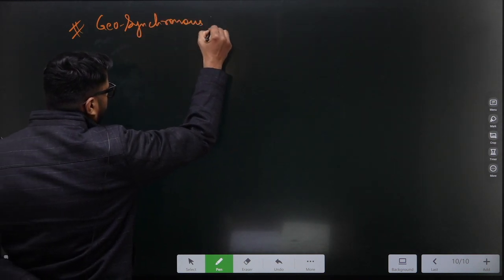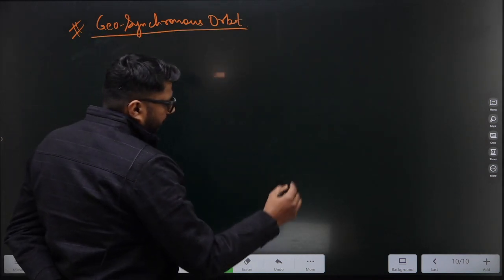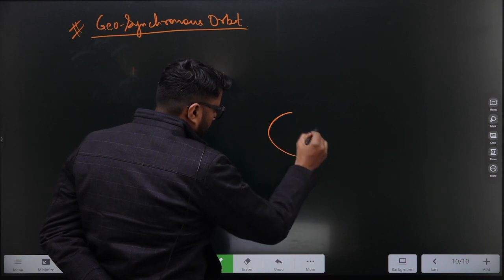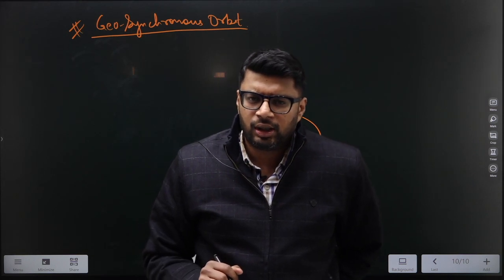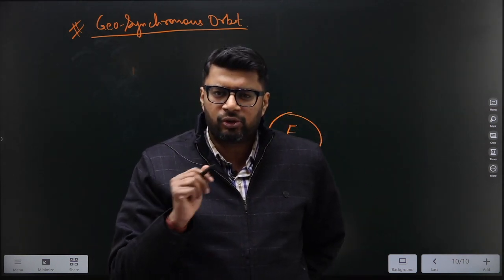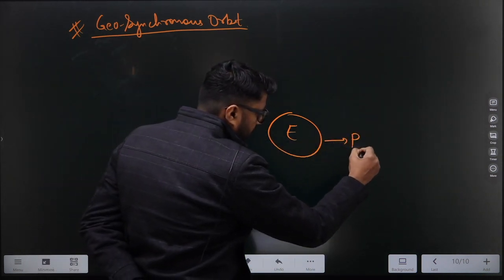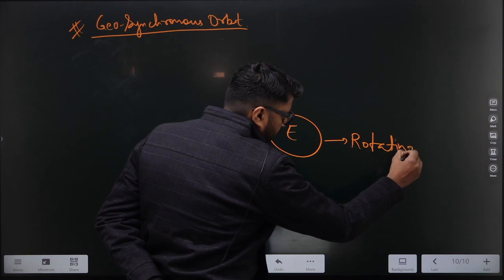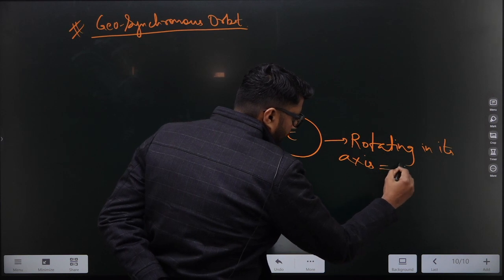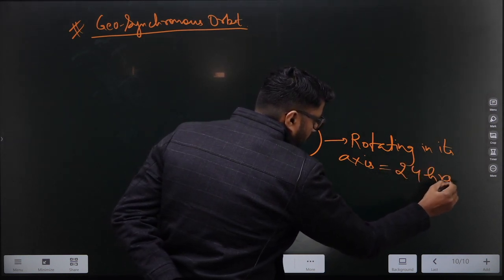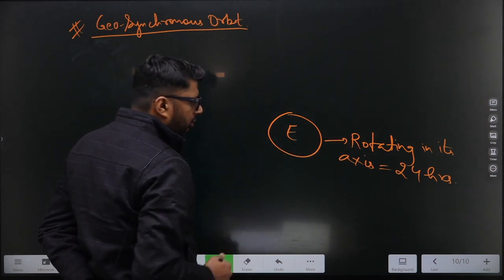Geosynchronous orbit. Here we know that Earth is rotating on its own axis, taking one rotation around 24 hours. Earth is rotating on its own axis in 24 hours, and also revolving around the Sun.